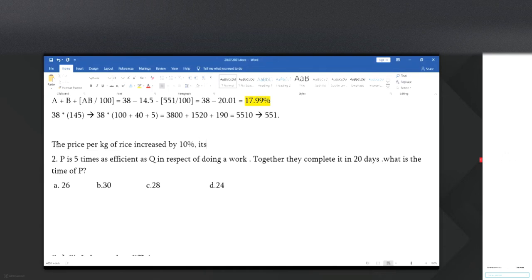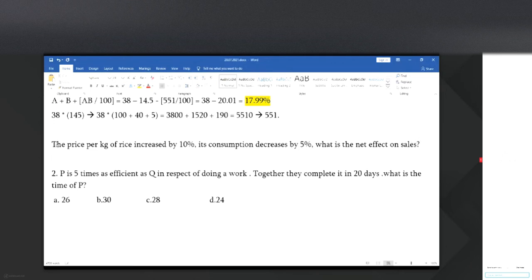Its consumption decreases by 5 percentage. The question is, what is the net effect on sales? So the price per kg of rice is increased by 10 percentage and its consumption is decreased by 5 percentage. What is the net effect on sales?